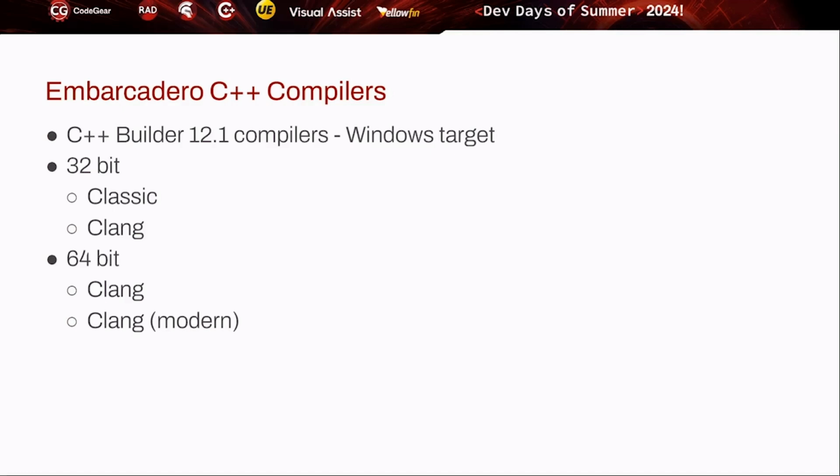With the 64-bit targets, there are 2 versions of the Clang compiler.